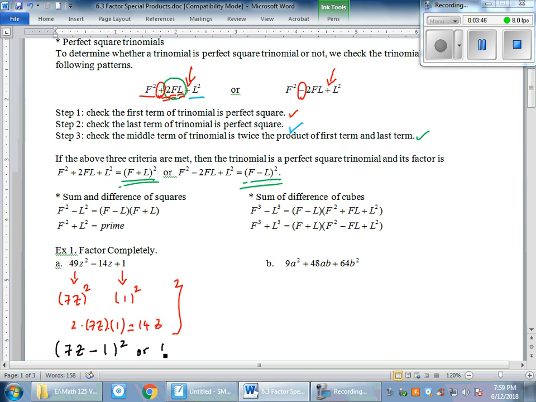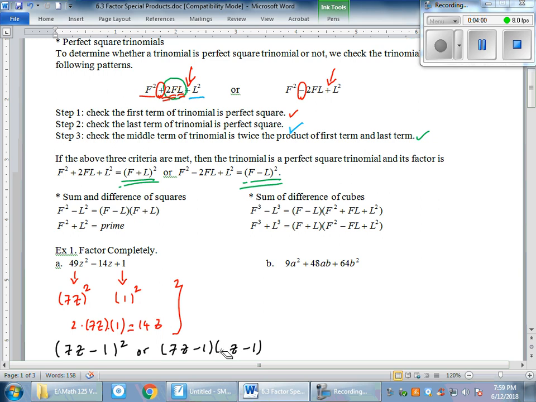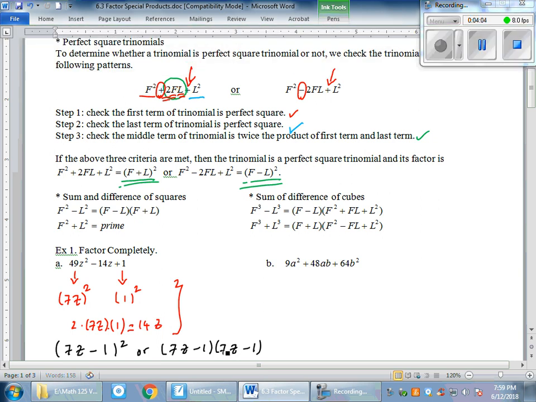Or you may write it down as 7z minus 1 times 7z minus 1. The two terms are the same thing. So you have a choice of how you want to write it down, either in exponential format or multiplying two binomials format.